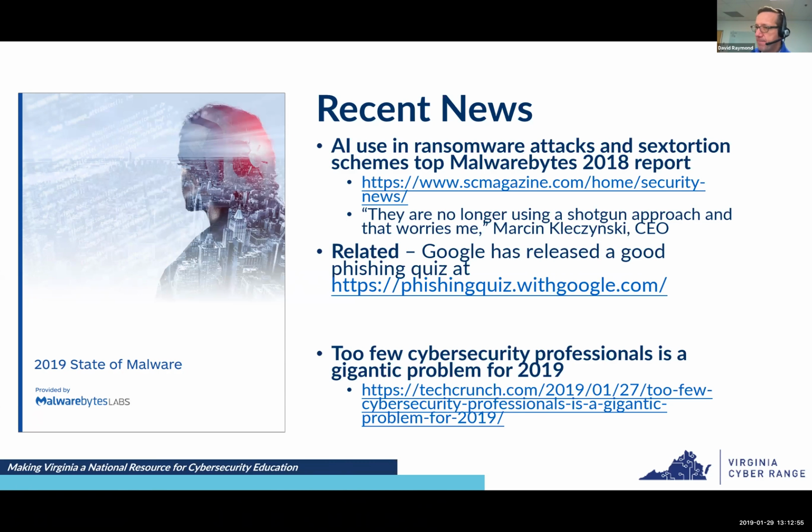So he's talking about people doing different kinds of cyber attacks. It's more tailored, more targeted than it used to be, and frankly, we're seeing that right here at Virginia Tech. We've seen a whole bunch of very targeted malware or phishing attacks, really.